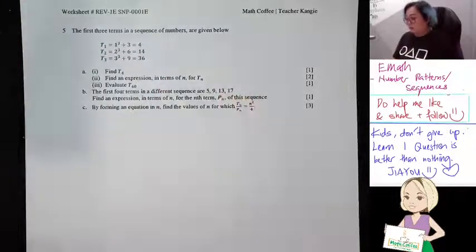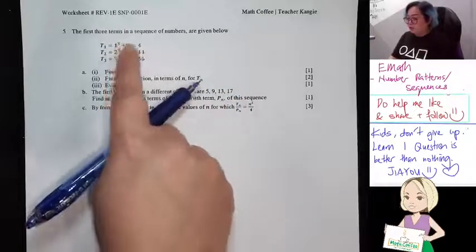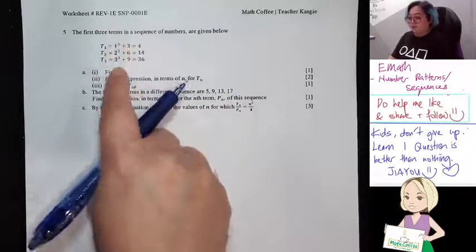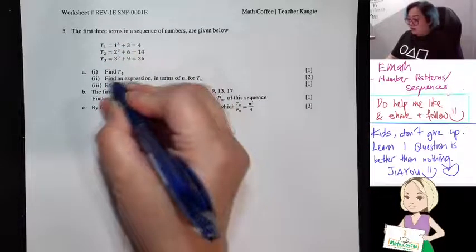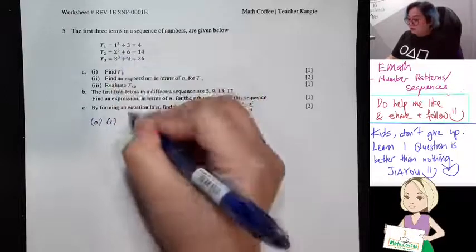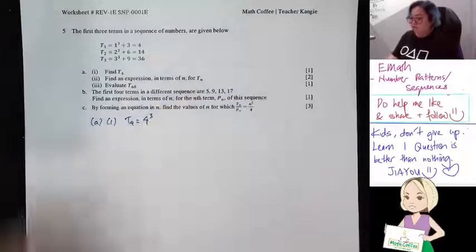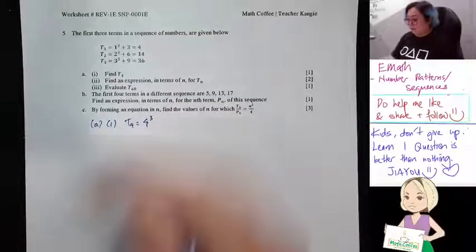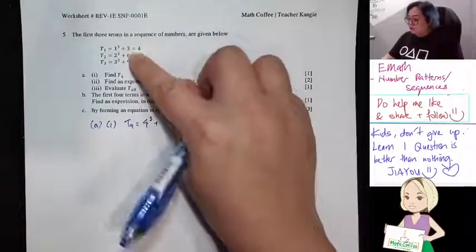Look at the first row. It is consecutive. 1, 2, 3, right? The power is fixed. So when they ask you to find the T4, by looking at the pattern, I already know my first row will be 4 to the power of 3. Okay? Now, the second column, it is 3, 6, 9.